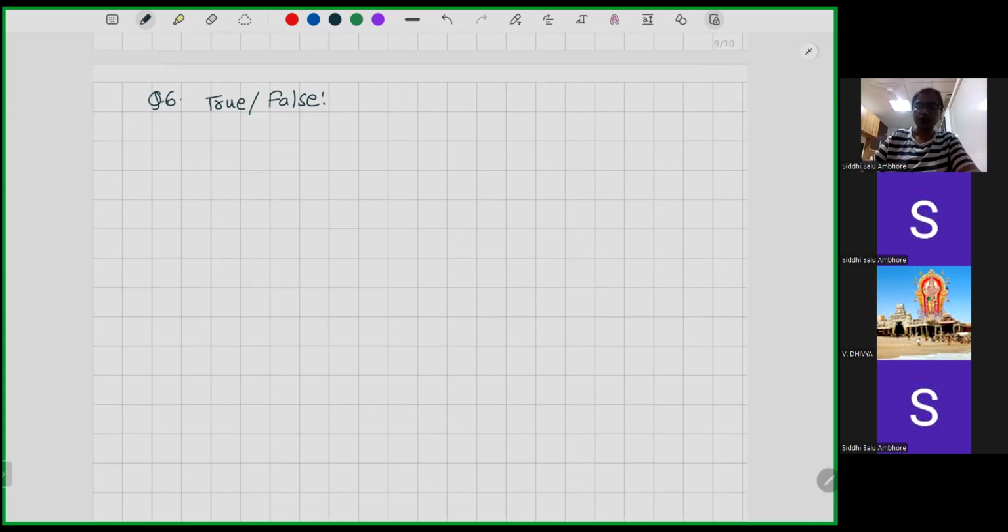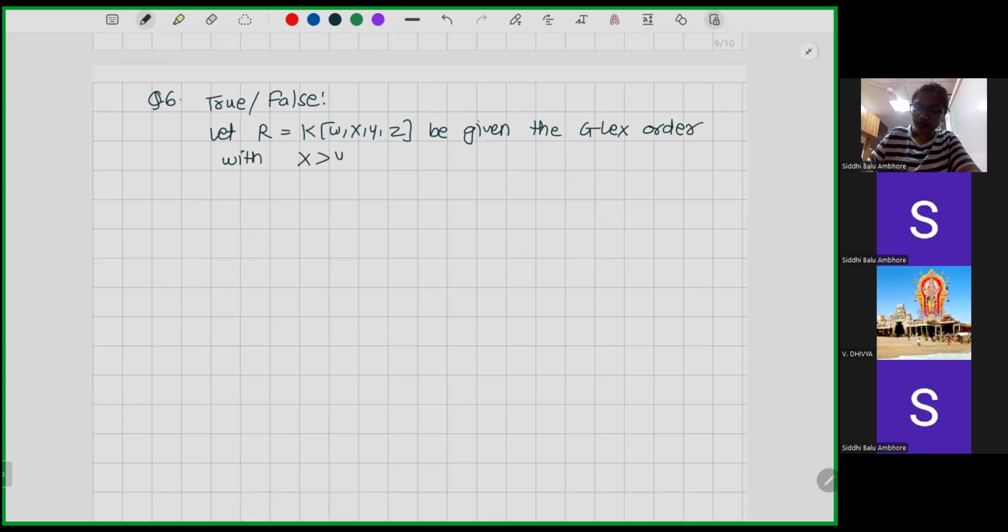We have R equal to K[W, X, Y, Z], given the order with X greater than Y greater than Z. So R has just the graded lexicographic order.